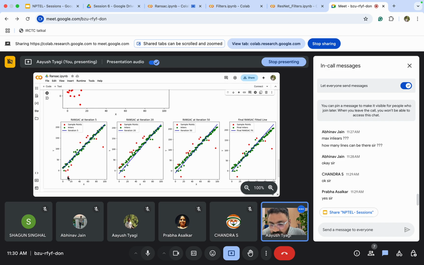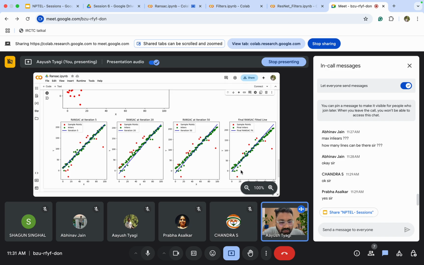If you look at this point, you have 1 2 3 4 5 6 7 8 9 outliers. Then we try to move the line in some other way. This is the second line, fitted after 20 iterations. Still there are many outliers. After 50 iterations there are still some outliers, and eventually it identified the best fitted line.